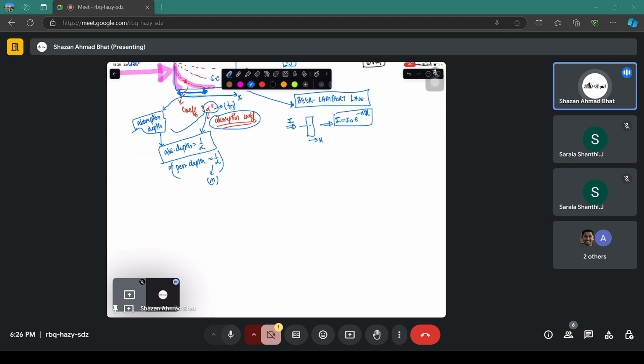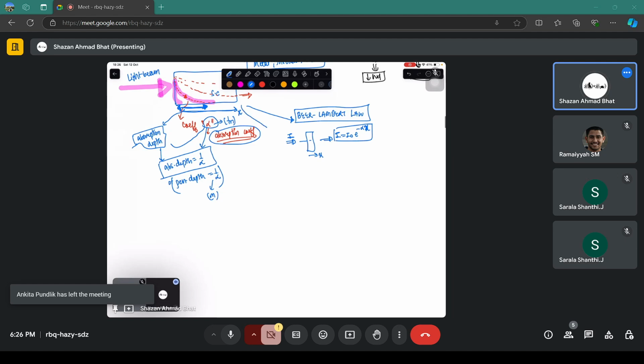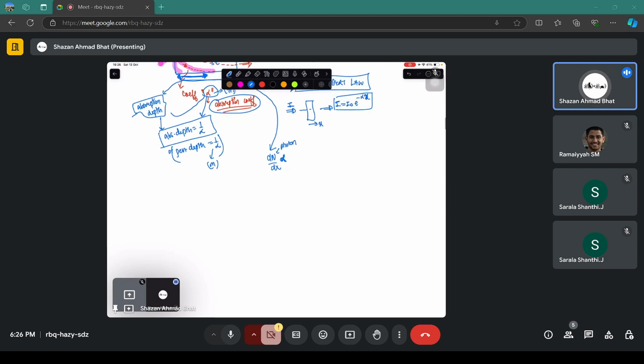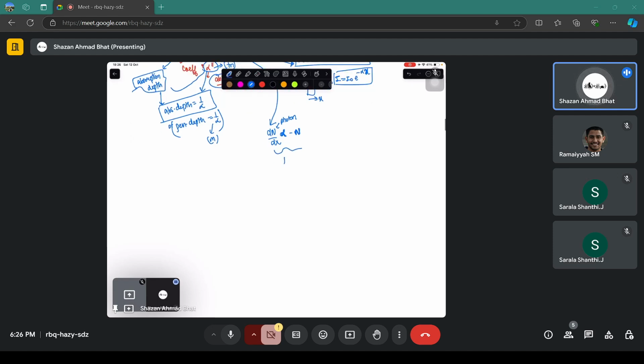It comes from the fact that the change in the number of photons with depth is proportional to the number of photons itself. Whenever you have a differential equation where a quantity is proportional to itself, so that if this increases, this is going to reduce, the solution is always going to be exponential.